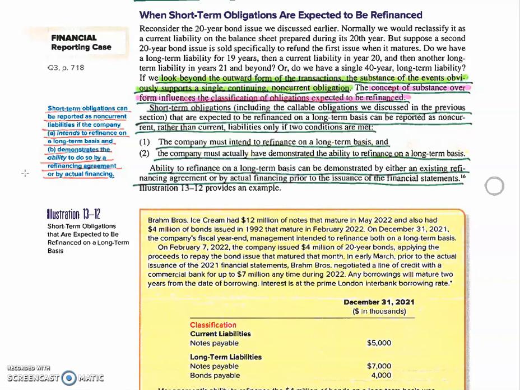But if as of December 31, you can show you have the ability to refinance it, then that's fine. You don't have to reclassify it.